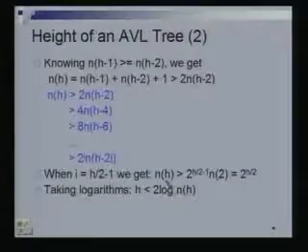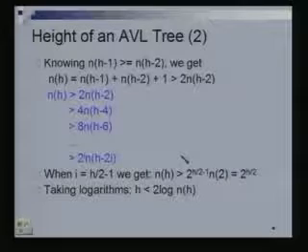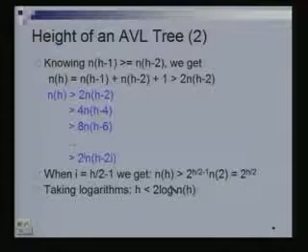Right? So if I have an AVL tree on n nodes, then n of h is actually less than n, right? Because I have an AVL tree whose height is, let's say, h, and it has n nodes.